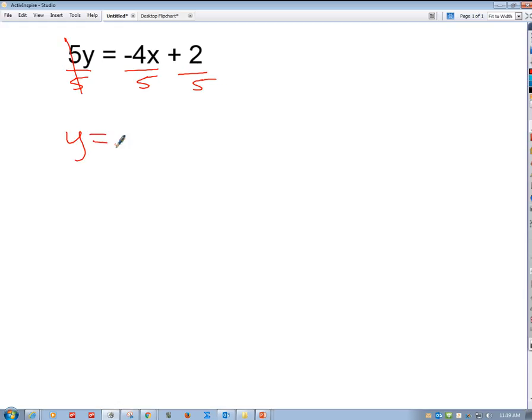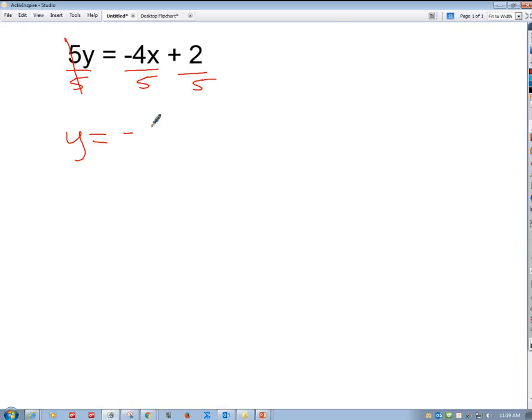Now what about this? If I have negative 4x divided by 5. Good, I could split the x out, right? So the x is separate, because negative 4x is the same as negative 4 times x, and I'm only dividing by 5 once, dividing the whole thing by 5.